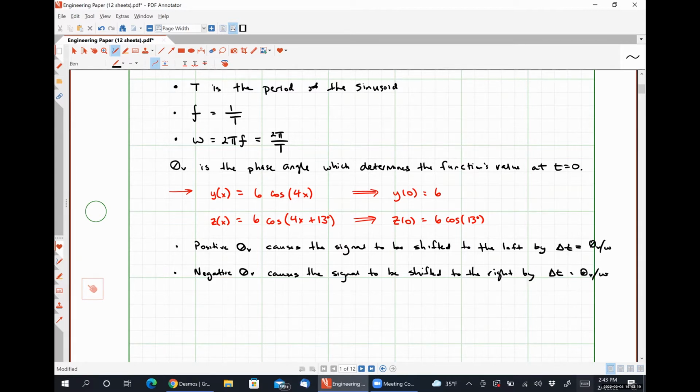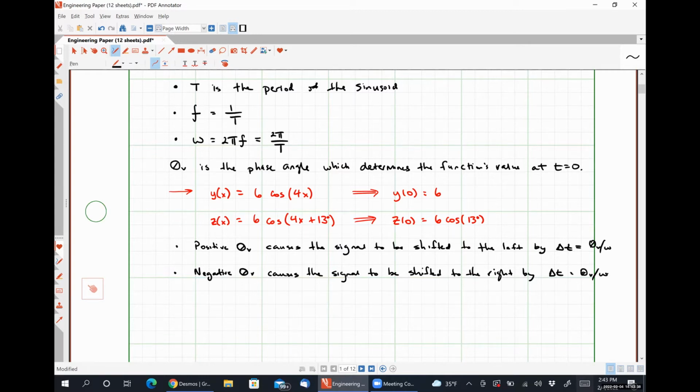Now, omega, the angular frequency, is measured in radians per second, but phase angles are traditionally measured in degrees.